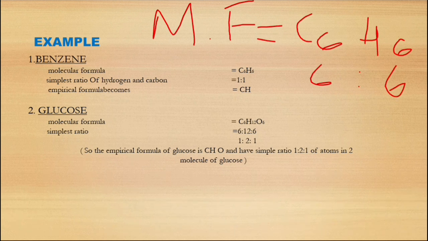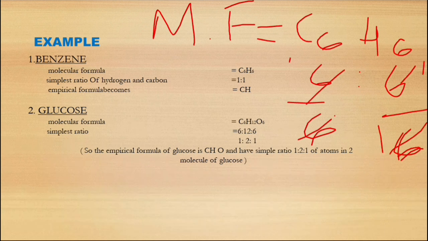To make it the simplest ratio, we have to divide it by the number which is divisible by both. That is 6. 6 ones are 6. Now it is the simplest ratio, 1:1. So 1:1 is the simplest ratio form of hydrogen and carbon, and it is also called the empirical formula.